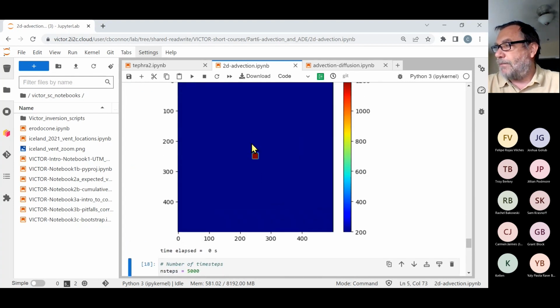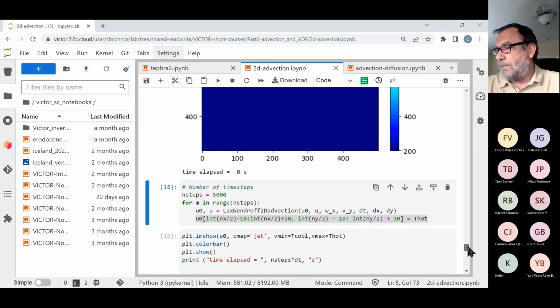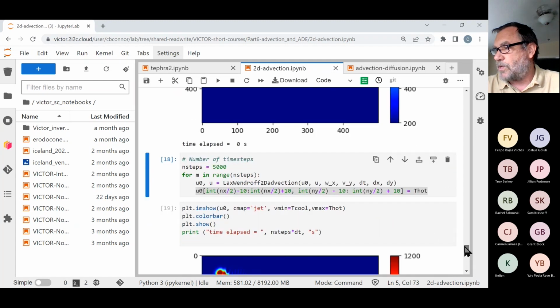So what's happened is I've created that square at time equals 0, and then I step through it through time, and each time I add more material to the model. So it's as if the volcanic plume is continuously pumping material into the atmosphere or whatever your equivalent problem is, right? So that's how I use that source term, how I create that source term.